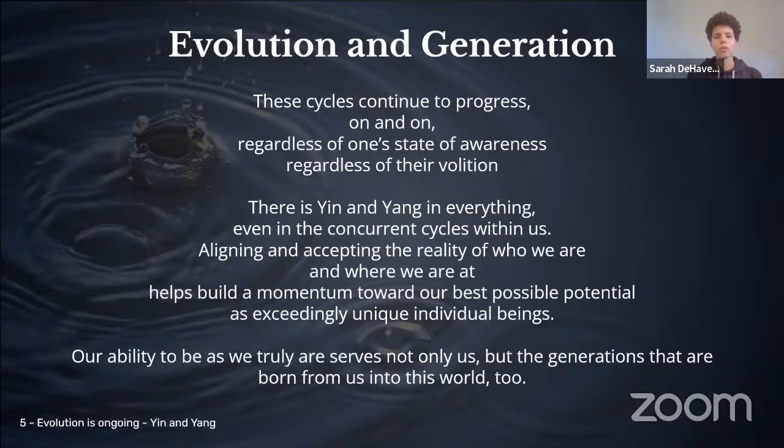regardless of one's state of awareness and regardless of their volition, cycles continue on. There is yin and yang in everything. And even in the concurrent cycles within us, aligning and accepting the reality of who we are and where we happen to find ourselves helps us build a momentum towards our best possible potential as exceedingly unique individual beings.